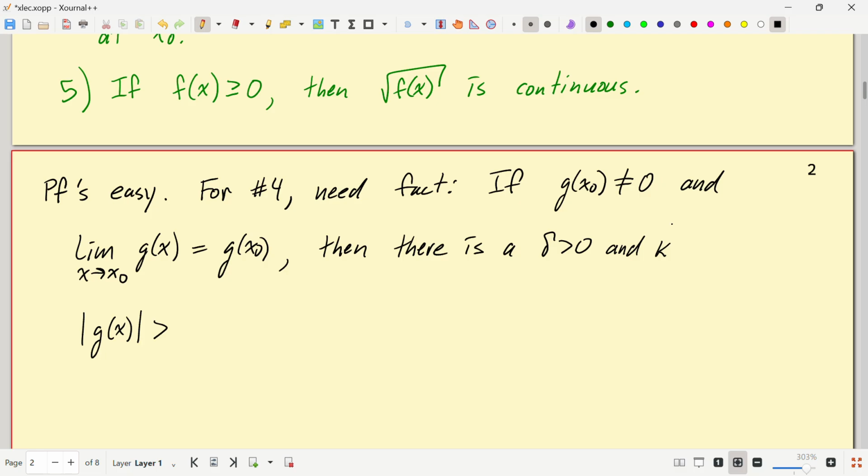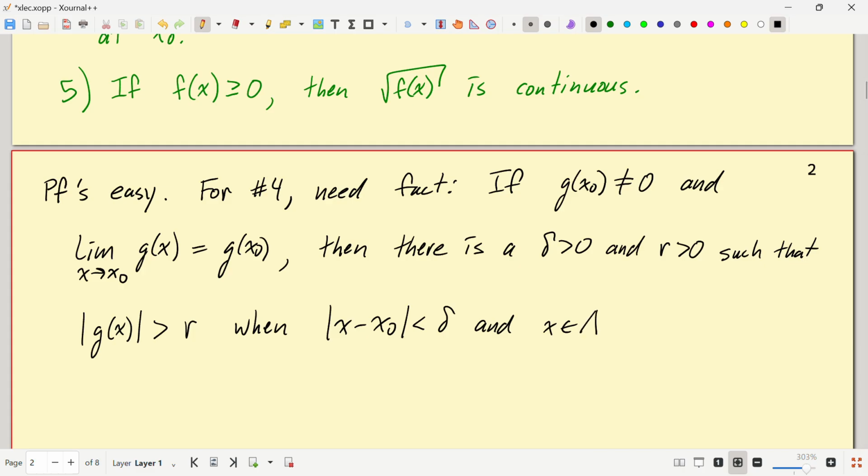K sounds like an integer. I need a real number r bigger than 0, such that g of x is greater than r when x minus x naught is less than delta and x is in the set we're talking about.